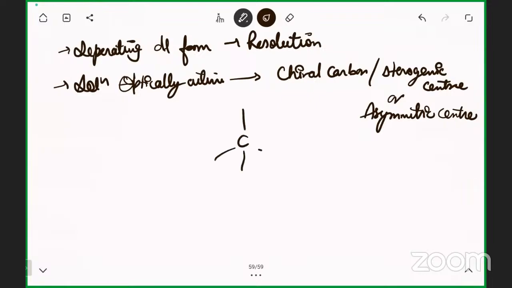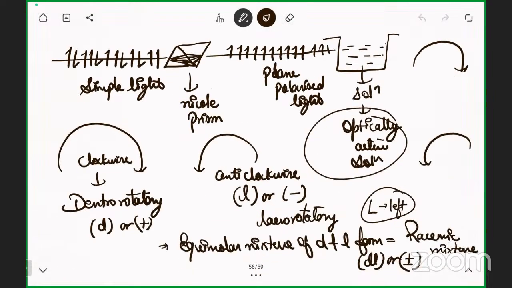Carbon in which all four valencies are occupied by different atoms. That carbon is known as chiral carbon. Just because of the presence of this chiral carbon, there is a rotation in the light, and we observe this rotation with the help of polarimeter. So this is called optical isomerism.